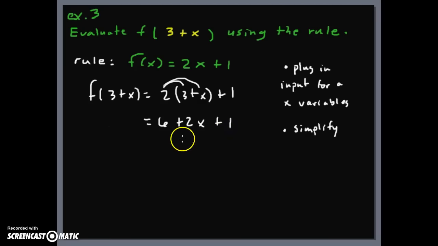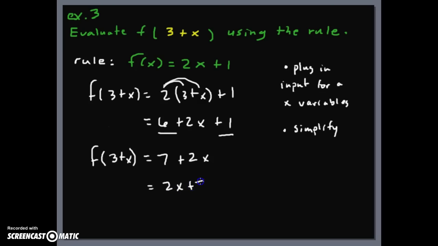and we can drop the parentheses and bring down the 1. Now we've got an x term, no other x terms, but we've got two numbers that we can simplify to one number. So we've got a positive 6 and a positive 1. Those simplify to a 7 plus 2x. These are not like terms, so we can say that f of 3 plus x equals 7 plus 2x. And if we wanted to rewrite this with our variable first, we could say that this 7 plus 2x is the same thing as 2x plus 7.